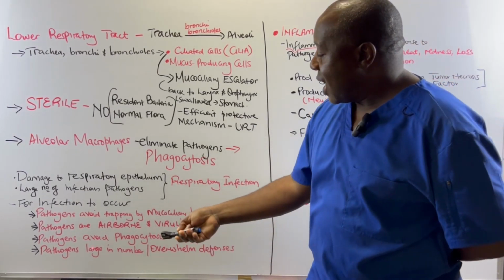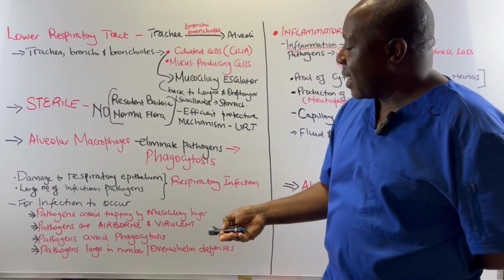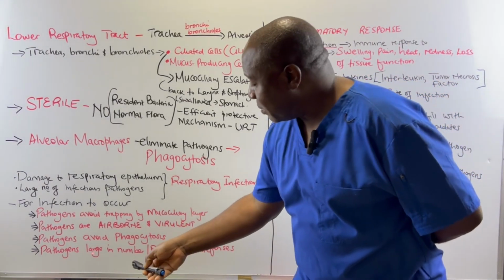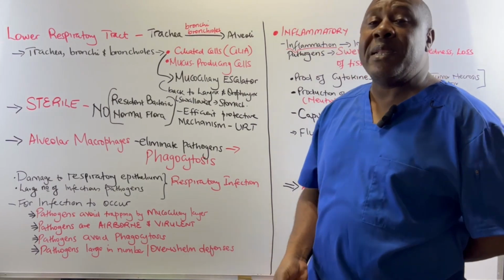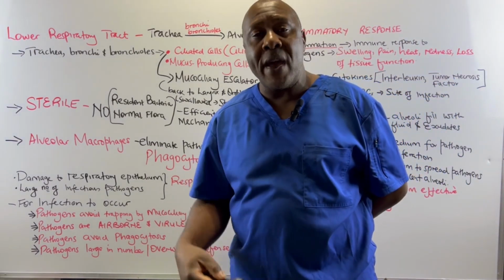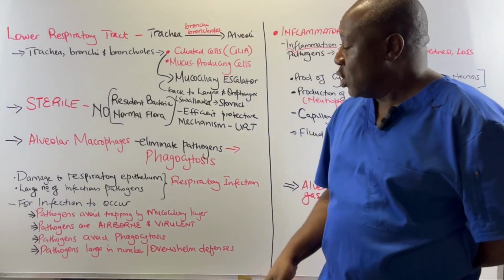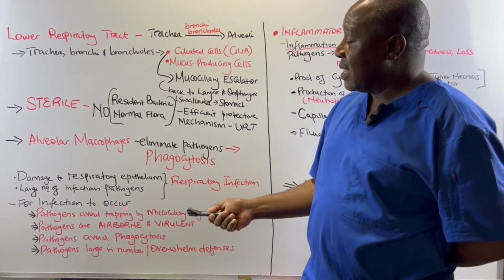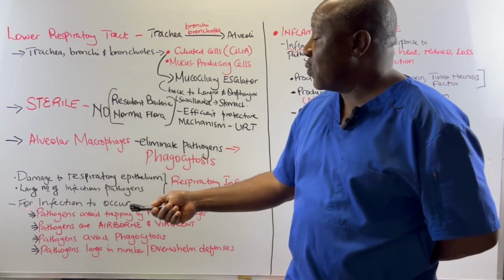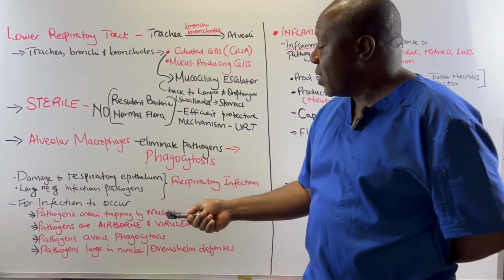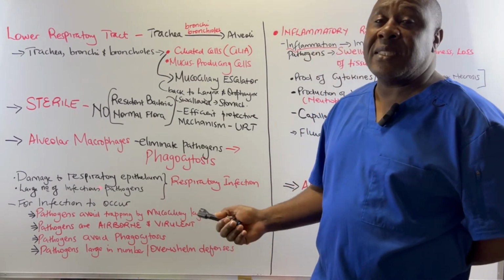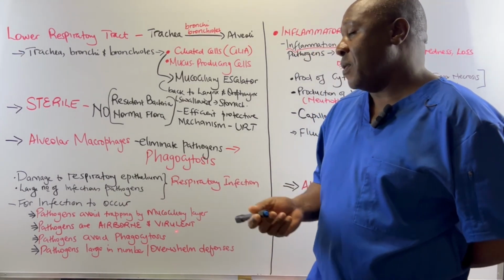And lastly, the pathogens must be large in number, to overwhelm the defense mechanism. So those are the four factors that must exist for an infection to occur within the respiratory tract as a result of a pathogen.